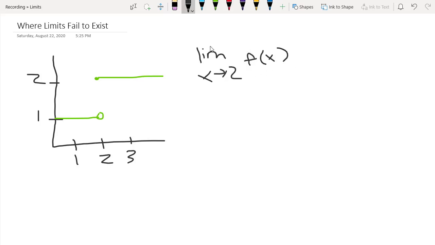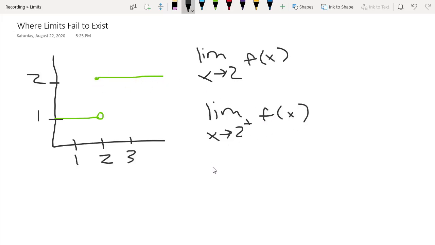In order to find this, we have to confirm that there is a limit first. So what we can do is take the limit as x approaches 2 plus, meaning from the right. So we'd be referring to this line right here, f of x.